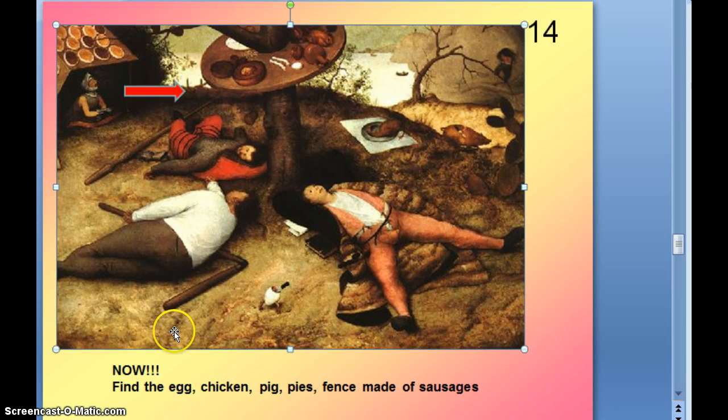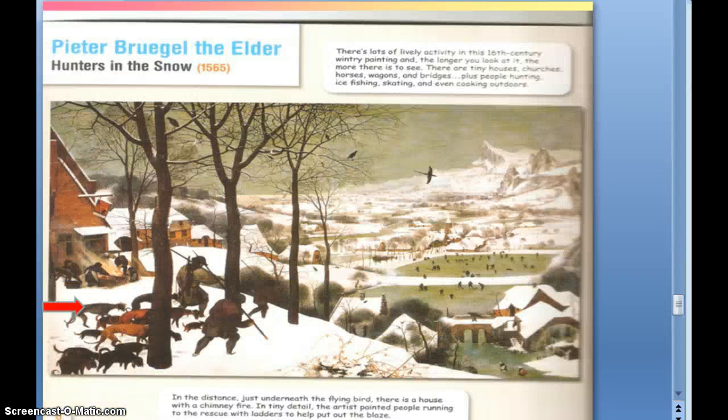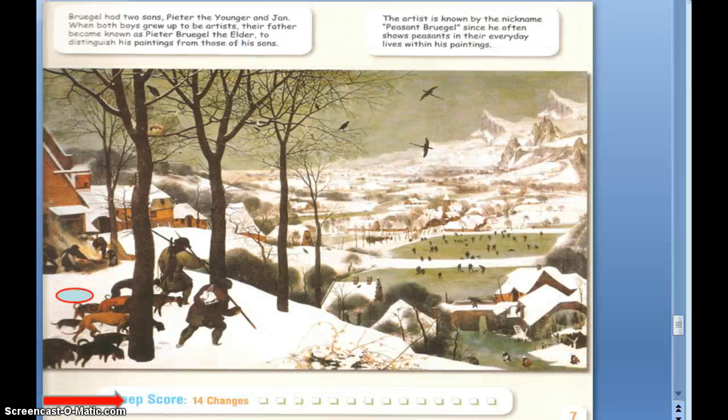You'll be doing something like this for homework. You'll be looking at this page and comparing it to this page, which is a forgery. A forgery is a painting done by somebody other than the artist who tries to sell it and make money saying it's the original.